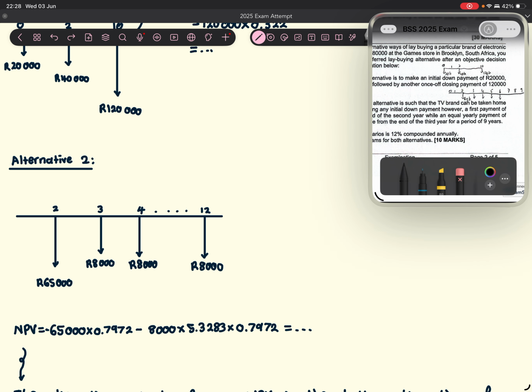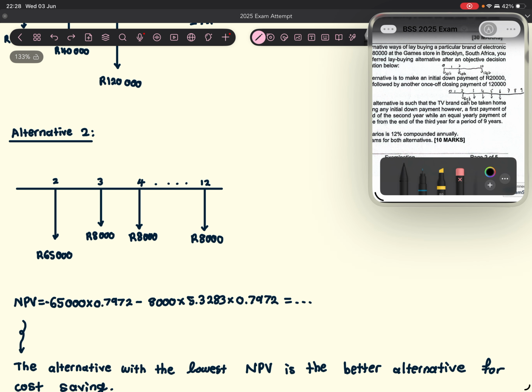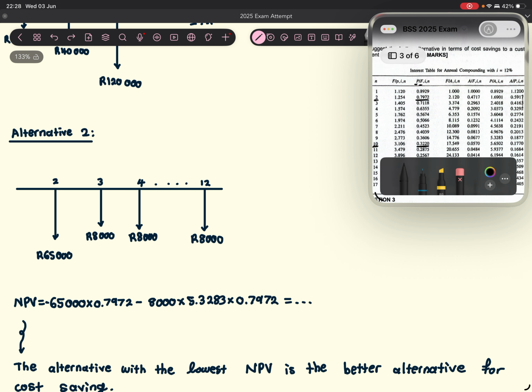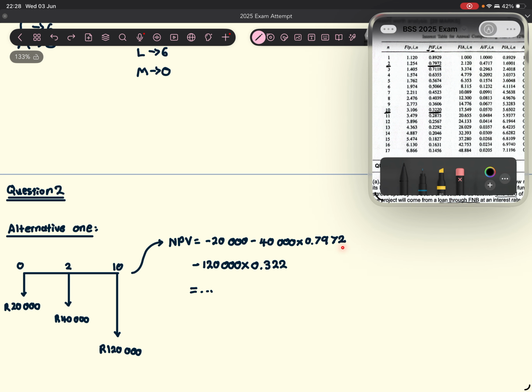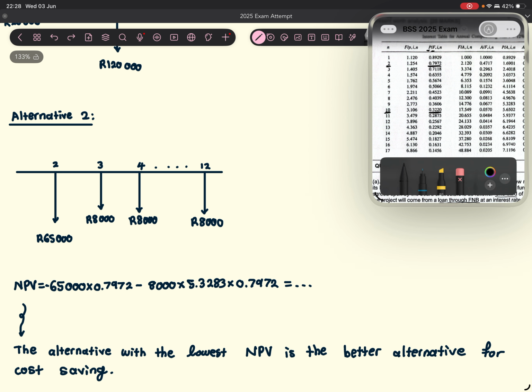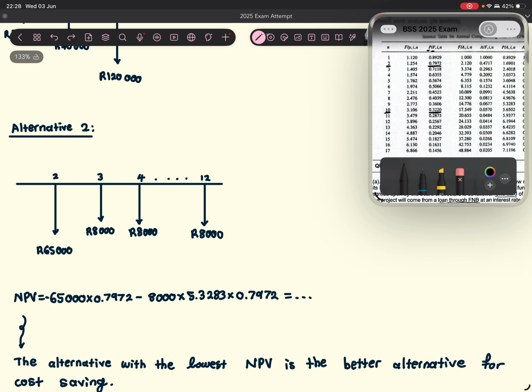Cool. So we have an annuity here, and we can do a clever trick with that. We start with our first payment, 65,000, year 2. So 65,000 multiplied by the factor for year 2, which is the same factor we got over here, and then subtracted by this 8,000 multiplied by its annuity factor.